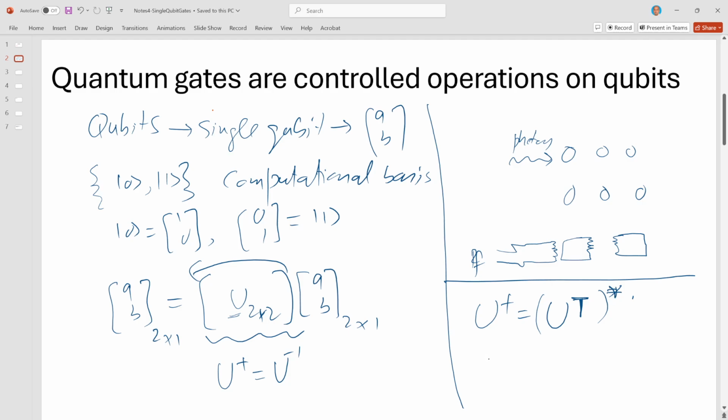So for example, if U is the matrix (A, B; C, D), then U dagger would be A conjugate, C conjugate, B conjugate, D conjugate.